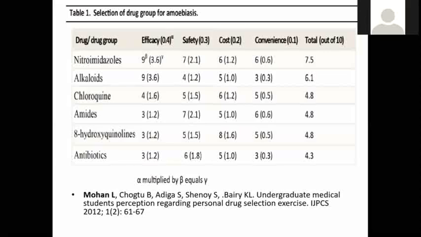Here you can see nitroimidazole comes out highest at 7.5. That article was published by me and my colleagues, Student perception regarding personal drug selection, in IJPCS. You can go and read it to get all the details.